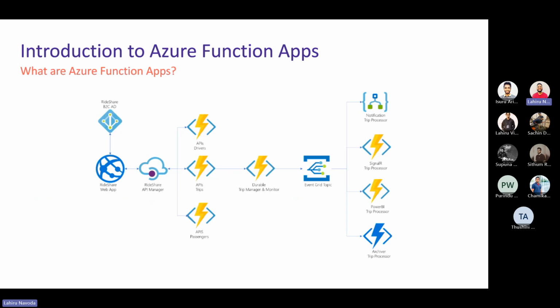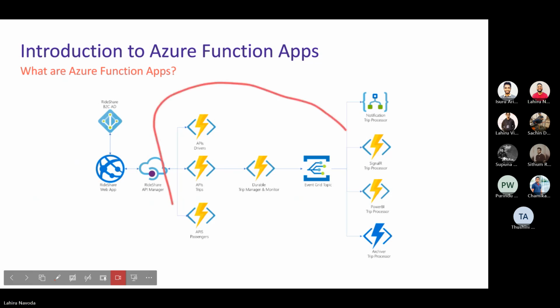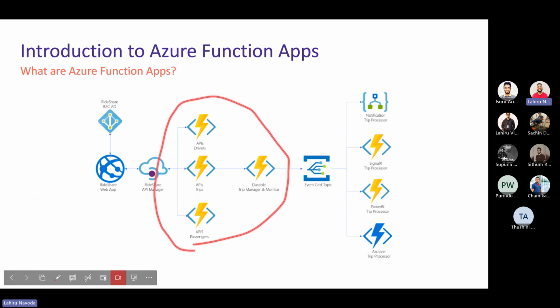So I put this architectural diagram here so that I will be able to give you guys a better understanding of how Azure functions work. You just need to pay attention to this part. Let's take this highlighted part as a single Azure function app.